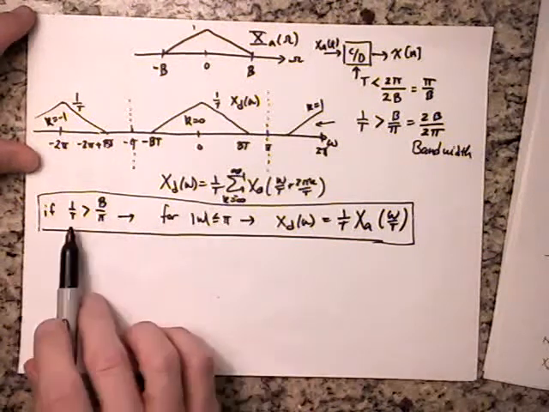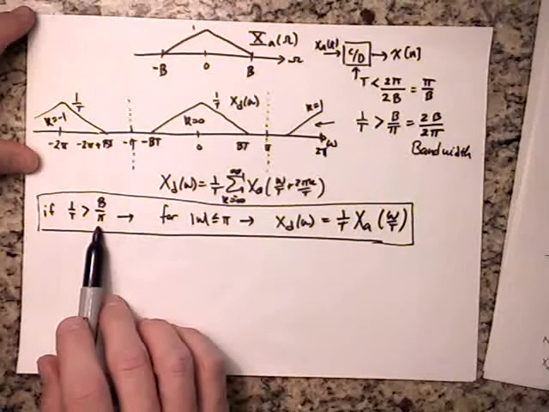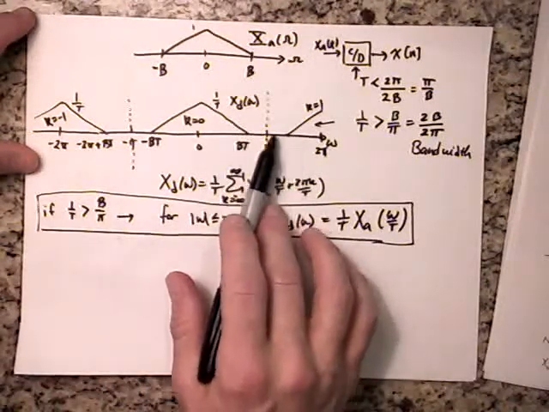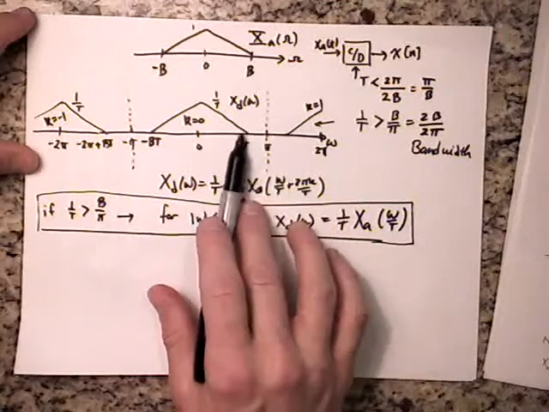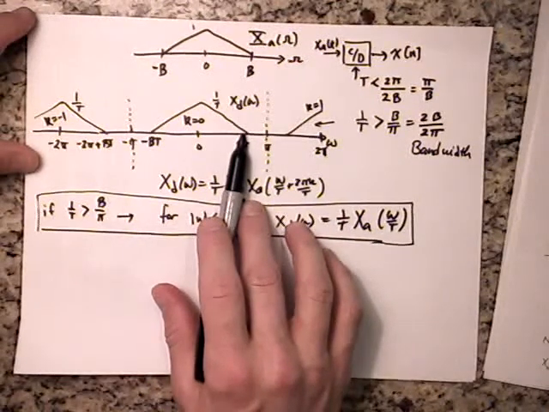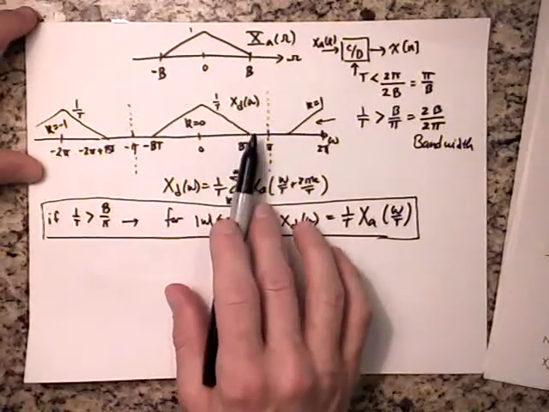We need 1 over T to be bigger than the spectral width of the signal. And if that happens, then we don't get the k equals 1 copy leaking in and overlapping the k equals 0 copy in this expression.